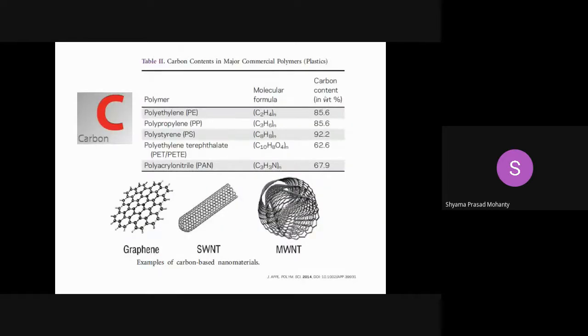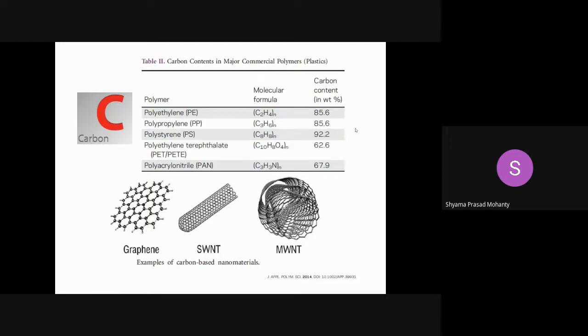So in today's talk, mostly we will be discussing the organic polymers. As we know, these organic polymers mostly have carbon in their backbone. And if you observe here, we have polyethylene, polypropylene, polystyrene, and they have about 85 to 90% or more carbon content in the structure.